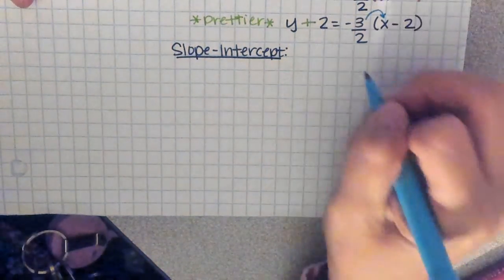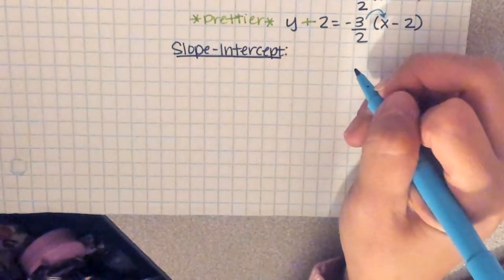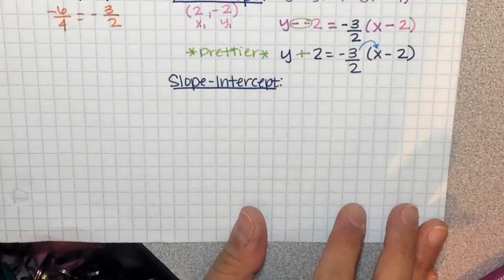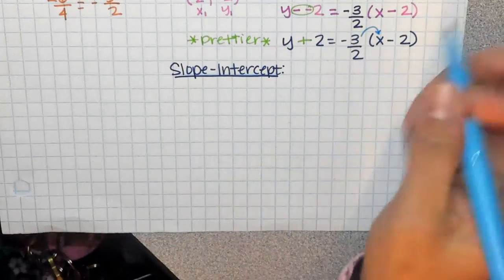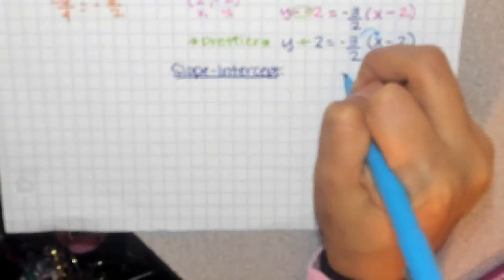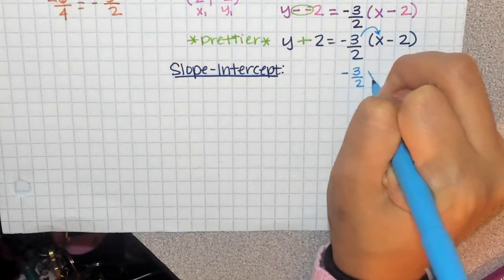So -3/2 times x. Does this help? Whoa. I was trying to see if you could see the difference in pinks, not really. Is -3/2 x.